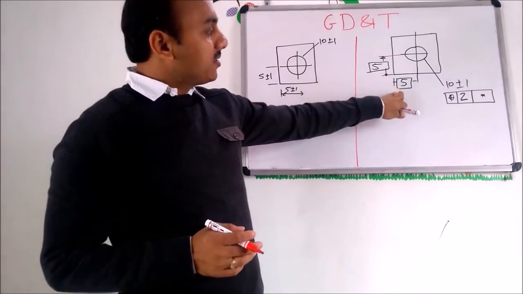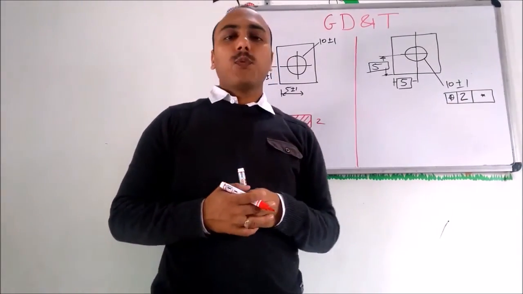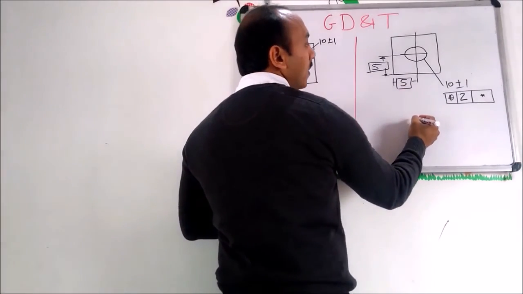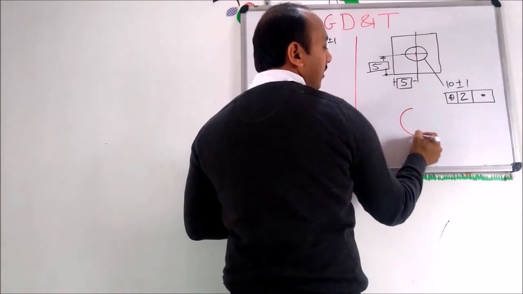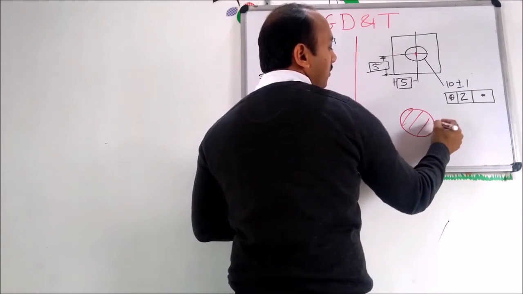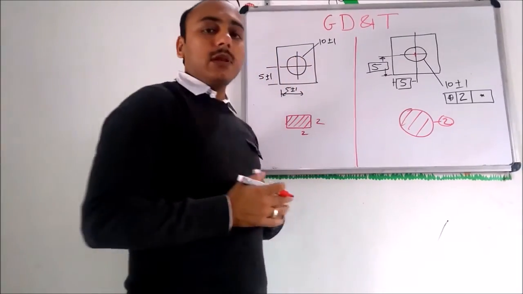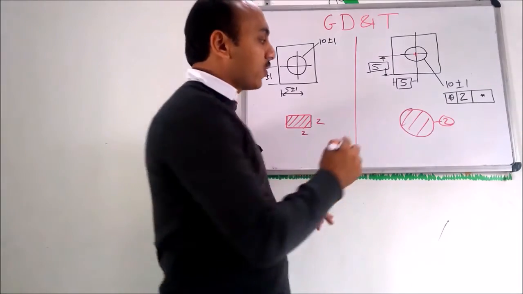Suppose we have made these dimensions basic and we have defined a positional tolerance of 2 on the axis of the hole. So its axis can move within a diameter of 2 all around. So this is a rectangular kind of zone and this is circular.